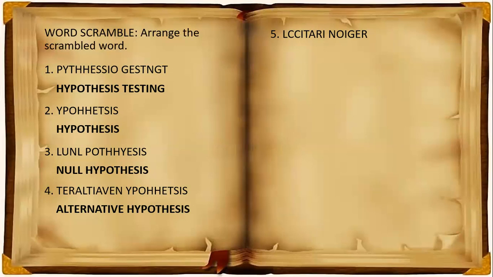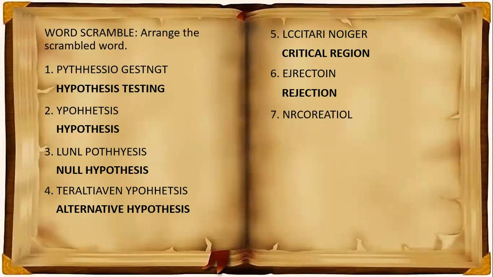Okay, thank you. It's critical region. How about number six? Okay, thank you. It's rejection. For number seven, what do you think the word is? Okay, thank you. It's correlation. Now for number eight, okay, it's accept.